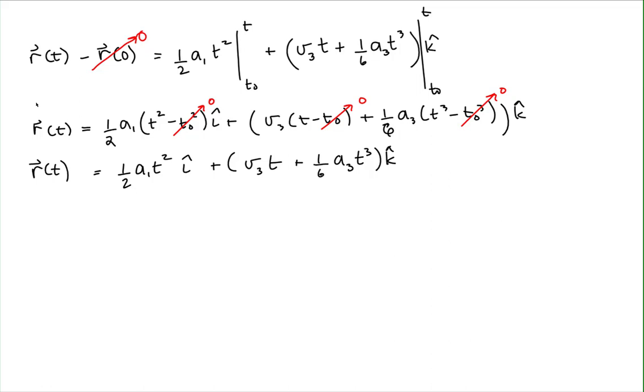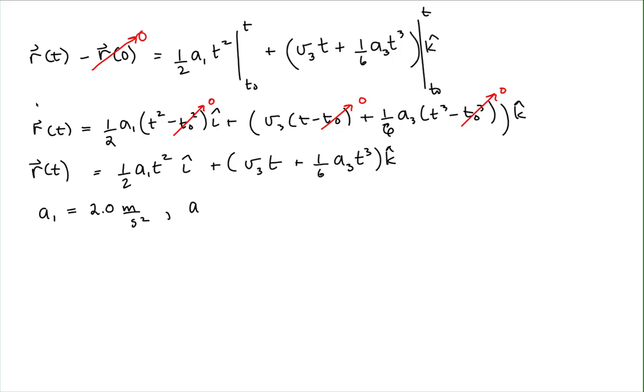Well, now that we have an expression for our position as a function of time, let's go back and plug in the values for a1, v3, and a3 that we have. Remember, a1 is the x component of our acceleration function. That was given as 2.0 meters per second squared.